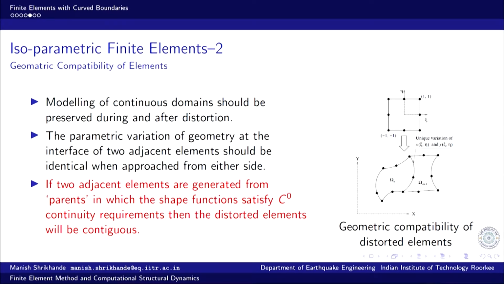So, that way the continuity of the primary variable in the distorted domain will be guaranteed if the interpolation functions used to define the variation are consistent with the C0 continuity requirement.